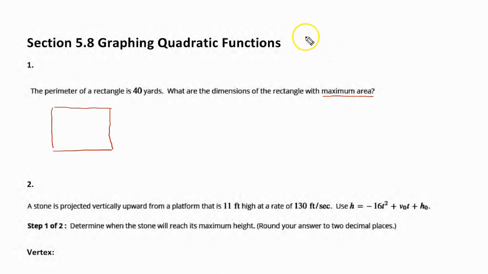So background would be P equals 2 lengths plus 2 widths, that we had in our last lesson, and we know the perimeter is going to be 40. So I'll erase this and put a 40 there. Now, we also know we can divide everything by 2.